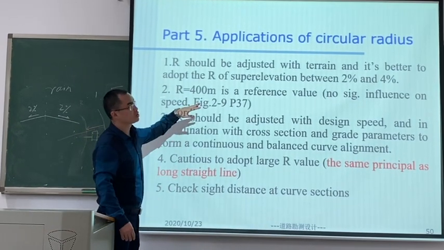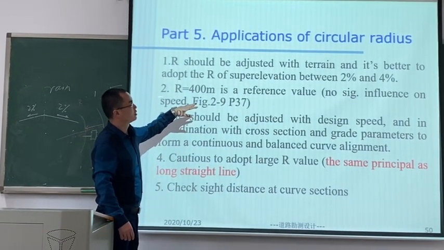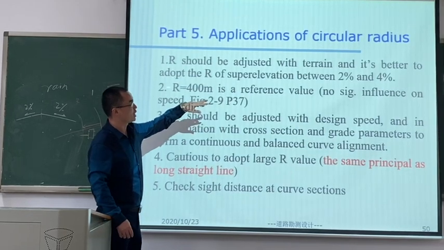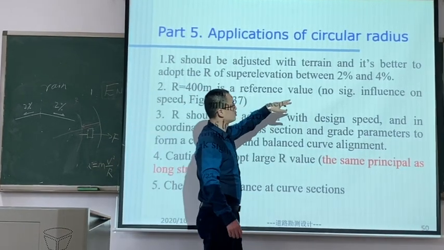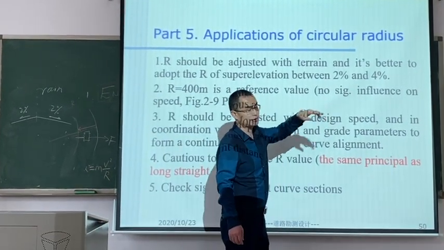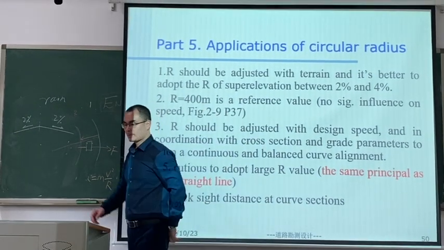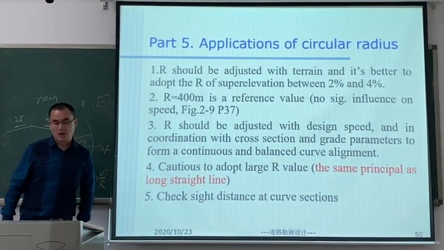The superelevation should be between 2% and 4%.